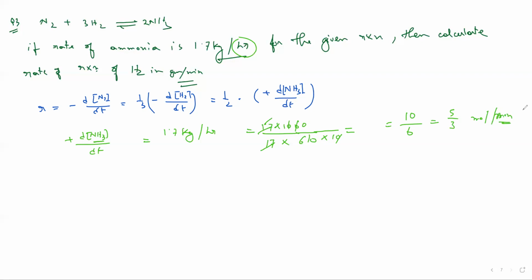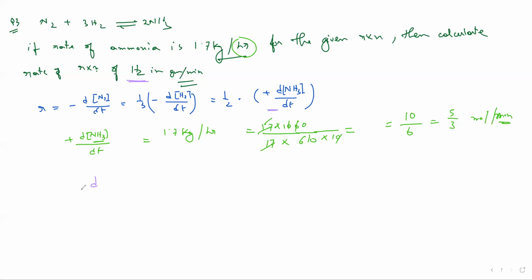Okay. Now mole per minute you have to convert it. Suppose this one is given as mole per minute. Now you have to find the rate of reaction of hydrogen. So rate of reaction of hydrogen, can I write?